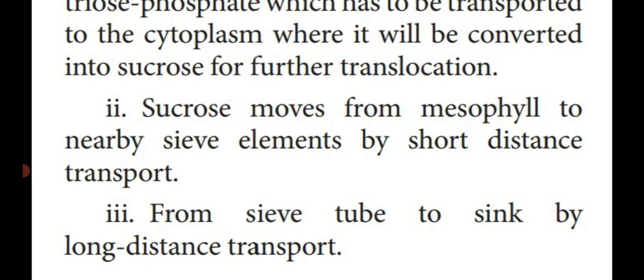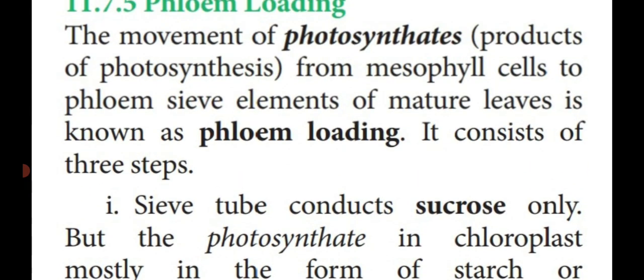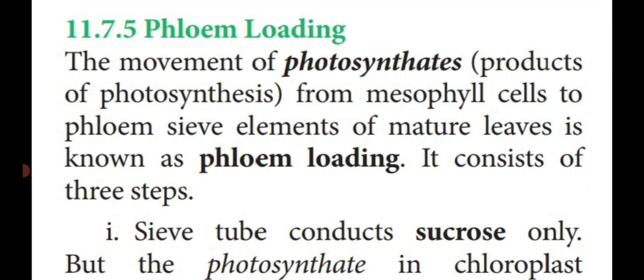So the sieve tube elements transport the food material to the sink by long distance movement. So these are all the 3 steps involved in phloem loading. Important for 3 marks and a 5-mark question.